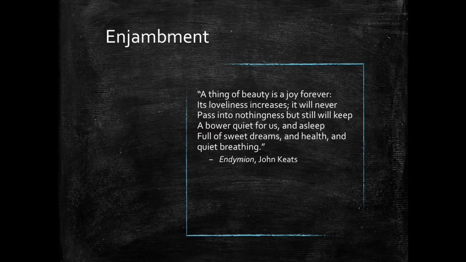And this one, a thing of beauty is a joy forever. Its loveliness increases, it will never pass into nothingness, but will keep a bower quiet for us, and a sleep full of sweet dreams, and health and quiet breathing. So most of these lines again are enjambed here, here, here, and here. And the first and last lines aren't, so they kind of have a slower pace here, and particularly breathing kind of rounds things off.